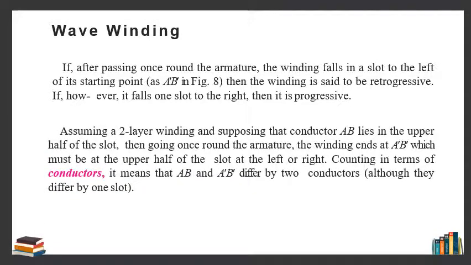Assuming a two-layer winding and supposing that conductor AB lies in the upper half of the slot, then going once round the armature, the winding ends at A'B', which must be in the upper half of a slot, at the left or right, counting in terms of conductors. It means that AB and A'B' differ by two conductors.